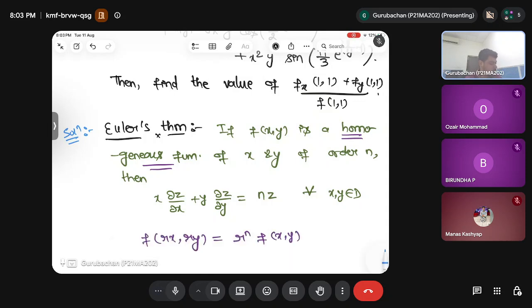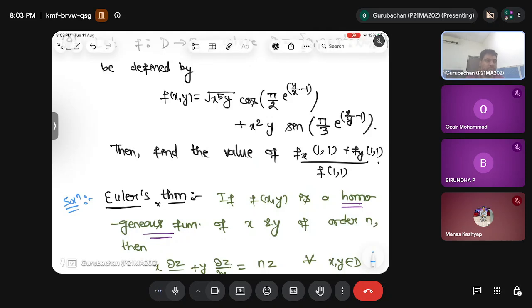Now you need to check whether your function is homogeneous, and if it is, of which degree.